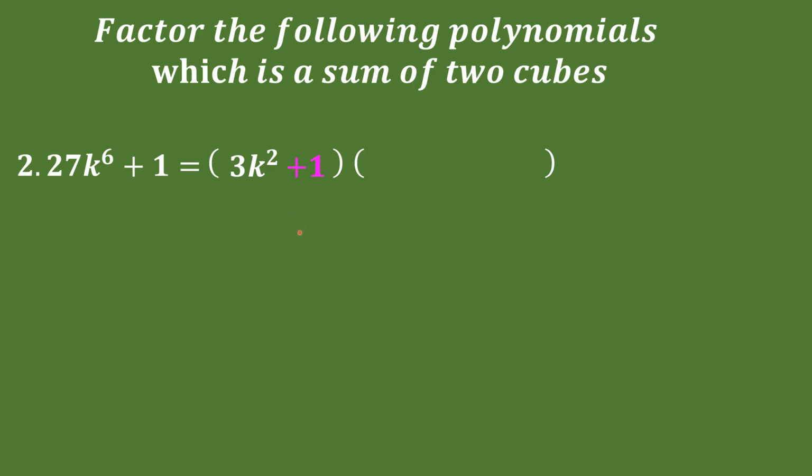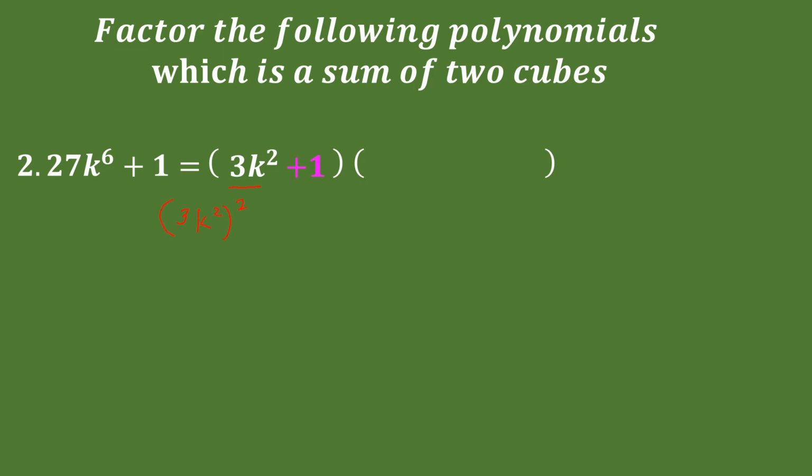So what shall we do now? We will be getting the trinomial set. And what is the trinomial set? Let us now proceed to the first term of the trinomial set. The trinomial set first term says that we need to square the first term of the binomial set. That means we have to square 3k squared.